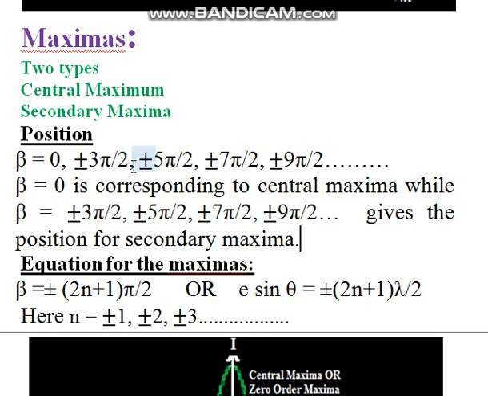So the equation of the central maxima is theta equal to 0, while the general equation for the secondary maxima is beta equal to plus minus twice n plus 1, pi by 2. If you put the value of beta, you can write this equation. This equation is satisfied by all the maximum points on the screen. Here n is equal to plus minus 1, 2, 3, and so on.